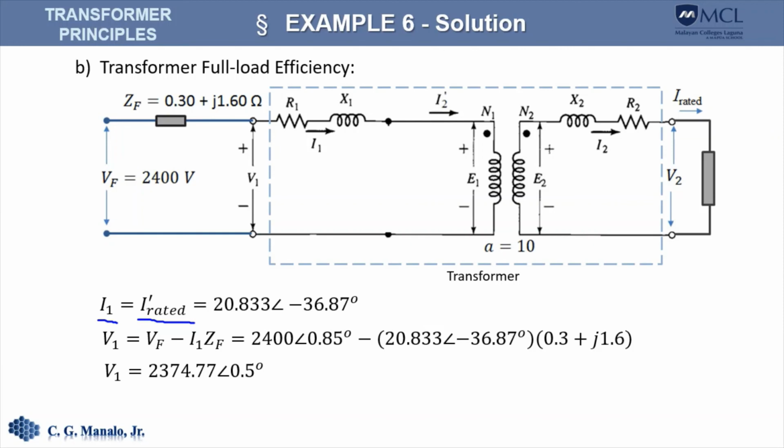Therefore, we can solve for the primary winding voltage, and that should be V sub f minus I1 Z sub f. So the primary voltage, that is the voltage across the primary winding of the transformer, is equal to this. So it is lower compared to the applied voltage because of the drop across the feeder line.